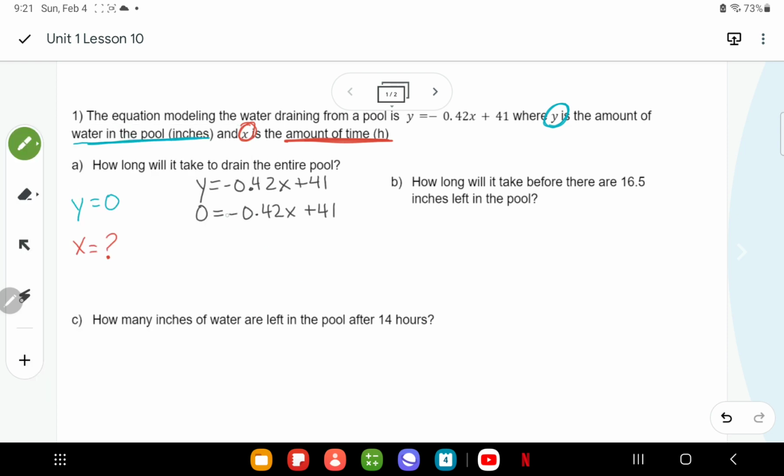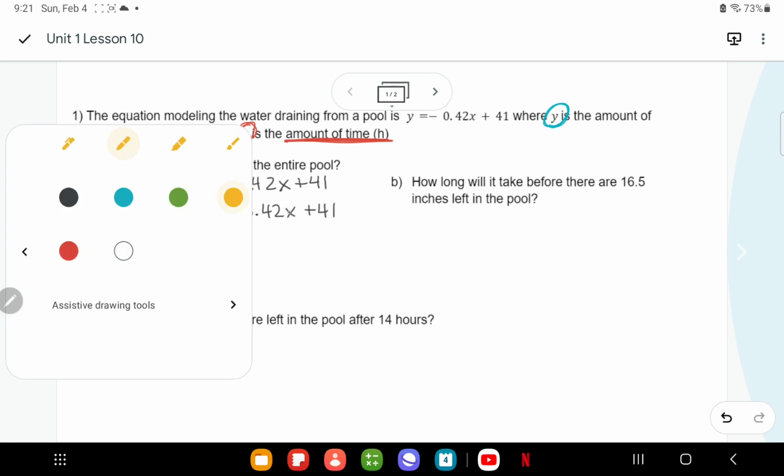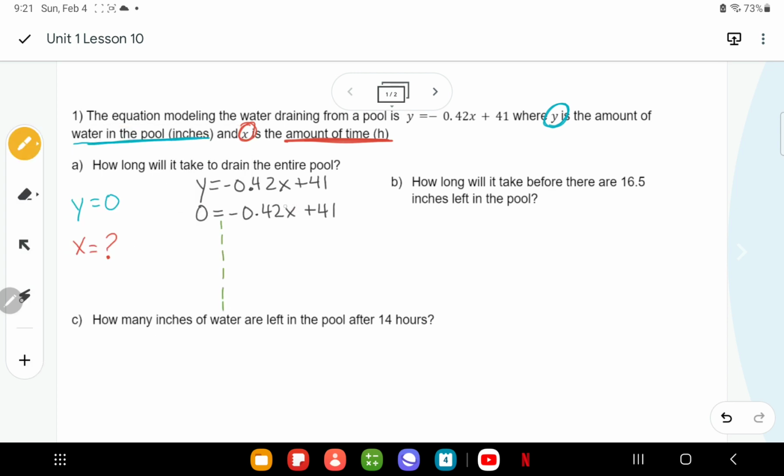Now I'm going to solve this equation just like we did in the previous section. I'm going to do opposite operations to get x by itself. So I've got a plus 41. I'm going to do minus 41 on both sides. So now I get negative 41 equals negative 0.42x.